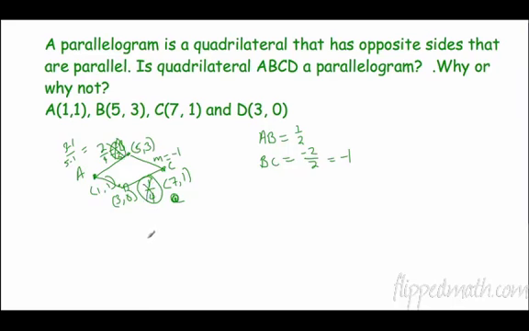Absolutely not. For giggles, let's go in for the last one. 0 minus 1 is -1. 3 minus 1, that's 2. -1/2, and those aren't the same either. So is it a parallelogram? No. If it were a parallelogram, this side and this side would have to have the same slope, and this side and this side would have to have the same slope.